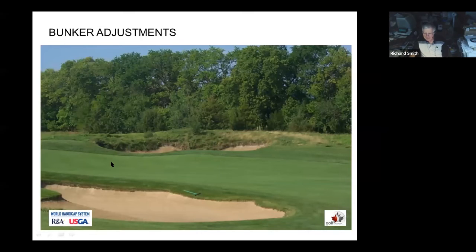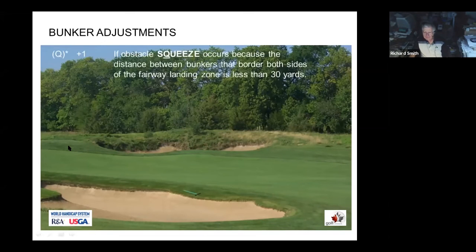Okay. Adjustments. Obstacle squeeze. Now in previous editions, they talked about distance from the middle totaling more than. They've revised that this time around, and now they say just measure from, in this case, bunker to bunker, like that.